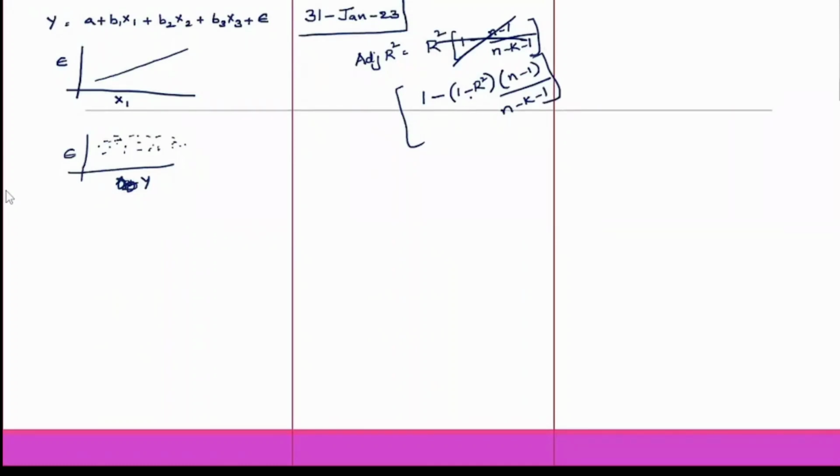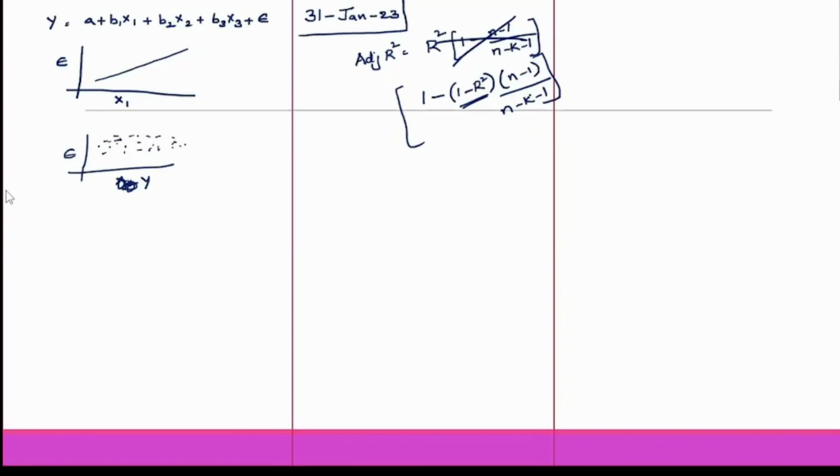So basically what we are saying is, whatever is the unexplained portion of the variance, I am adjusting that unexplained portion of the variance with the degrees of freedom.